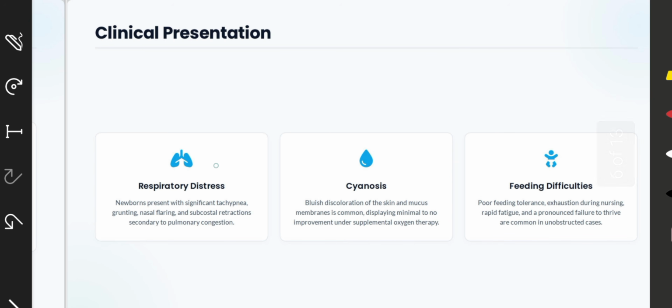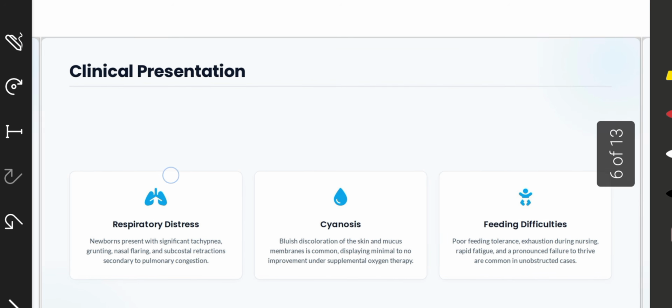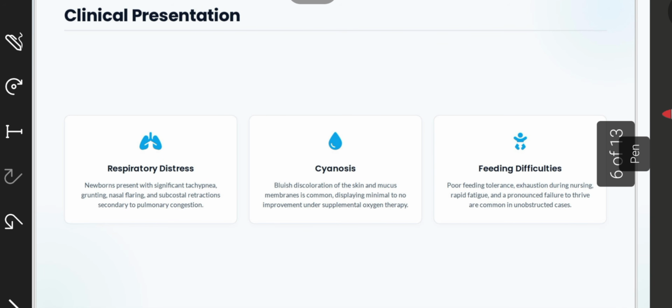So the clinical presentation is that the child may present with respiratory distress since birth, mainly because of pulmonary congestion. There is right-sided heart failure in the non-obstructive case, and severe pulmonary edema may be there.